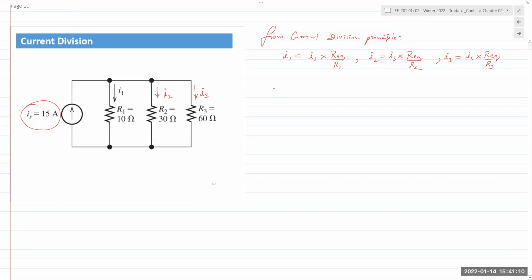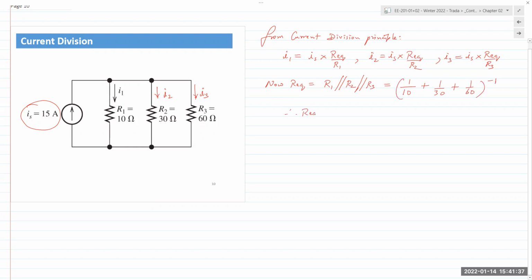Now, Req is given by the parallel combination of R1, R2, and R3. And so that would be 1 over 10 plus 1 over 30 plus 1 over 60 and the reciprocal of those sums.